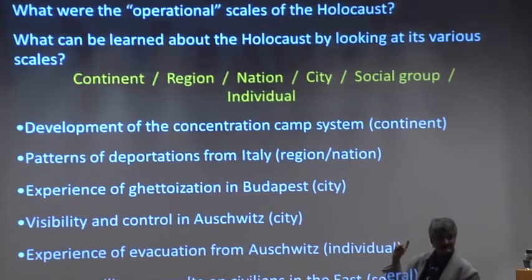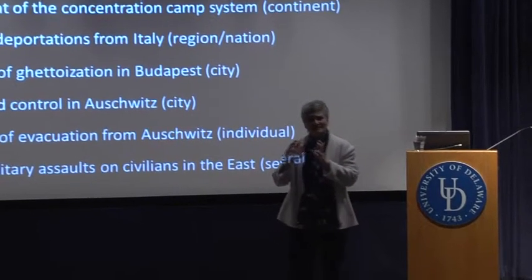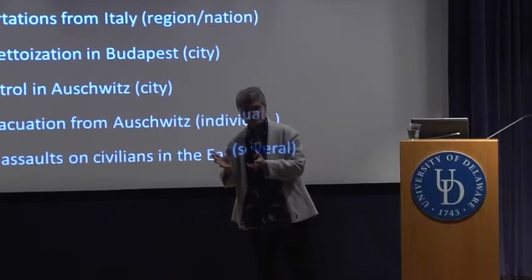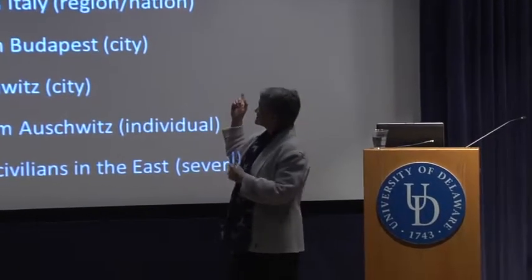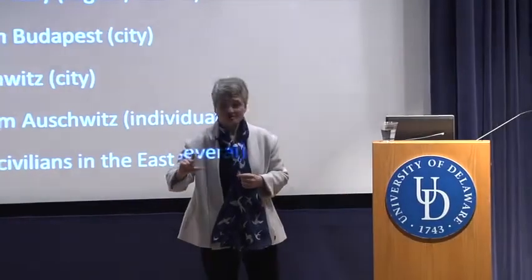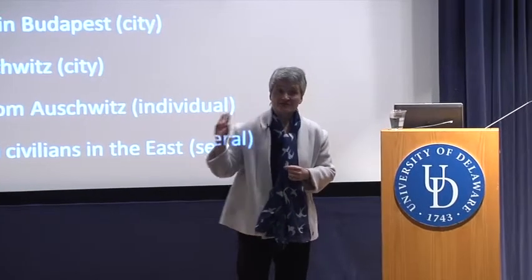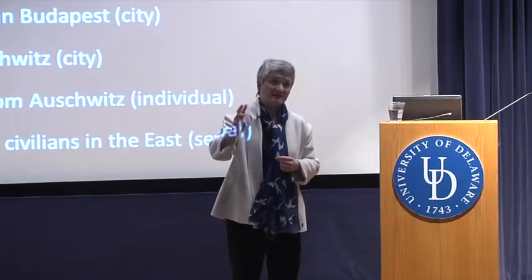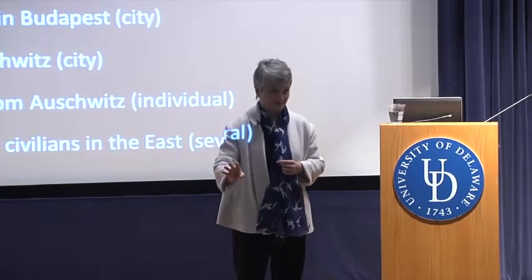At the scale of the city, the Budapest ghetto, and we conceived of Auschwitz as an urban scale. Then at the scale of the social group and the individual, the evacuations out of Auschwitz, columns of individuals, that phenomenon being available to us really only through individual memoir and testimony.